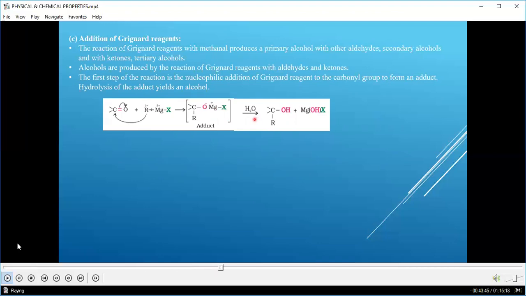You need to be very clear about your required product. If you want to obtain a primary alcohol, you need to select methanal only as your reactant. If you want to obtain a secondary alcohol, it can be any aldehyde other than methanal. And if you want to obtain a tertiary alcohol, you need to select a ketone. You need to keep that in mind.